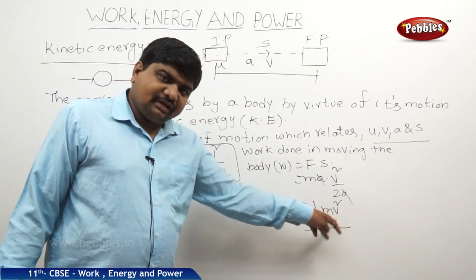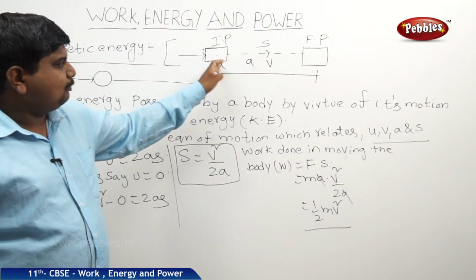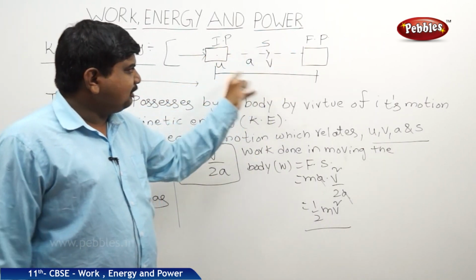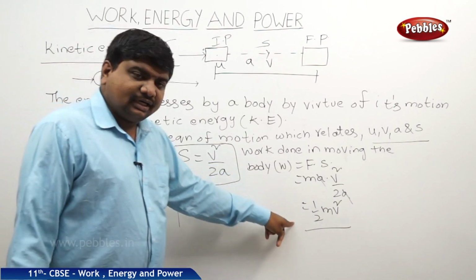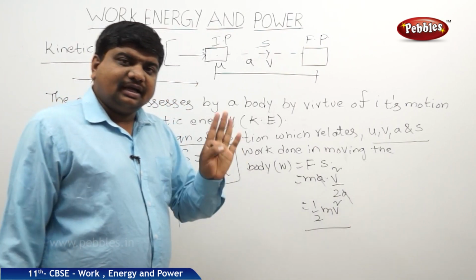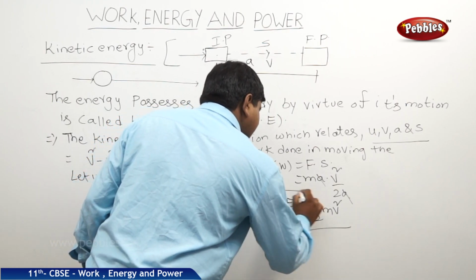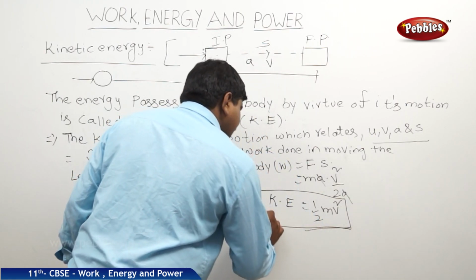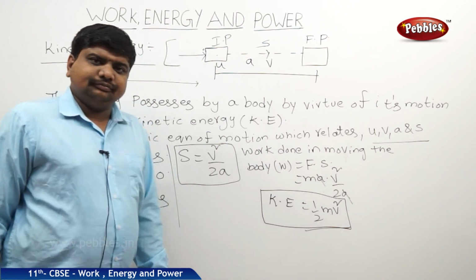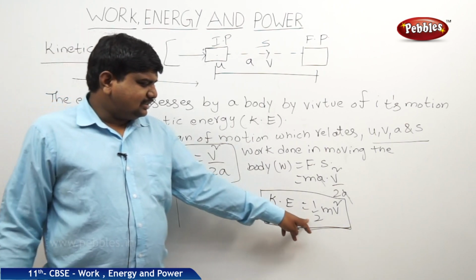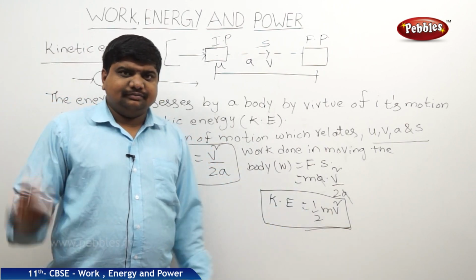This half mv square is the work done in moving the body from one position to another. This work done is stored in the form of kinetic energy. Therefore, KE is equal to half mv square. So the expression for the kinetic energy is half mv square.